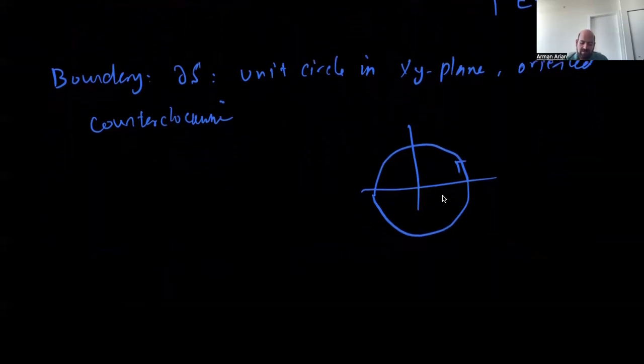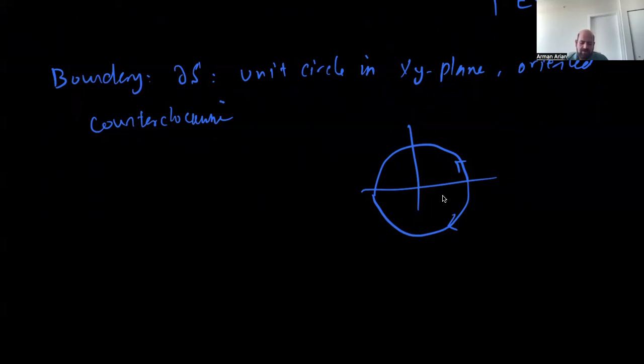But if we move clockwise, in order to still follow the right-hand rule, then your thumb, which is the direction of n, will point towards the negative z direction. As long as we follow the right-hand rule, the condition of positively oriented has been satisfied.